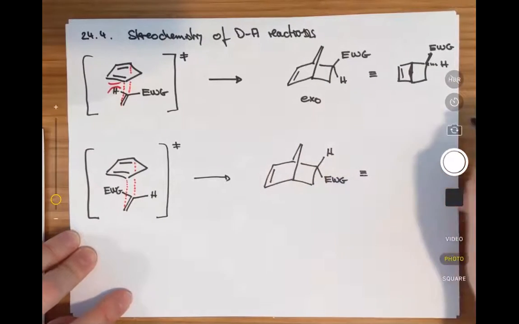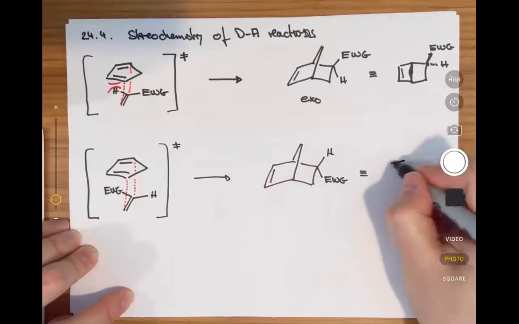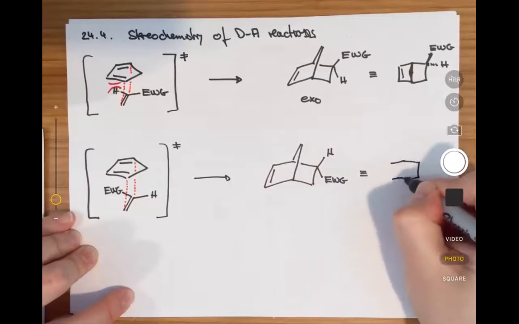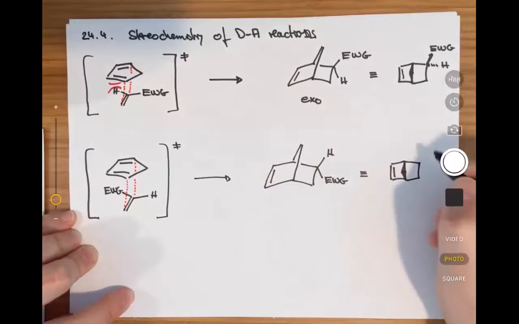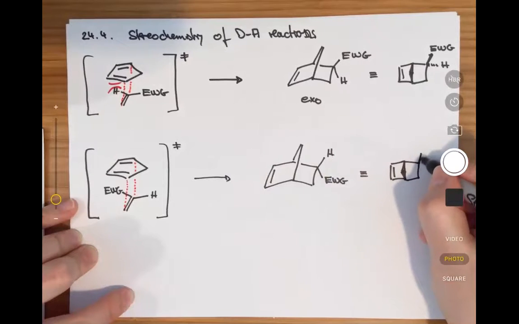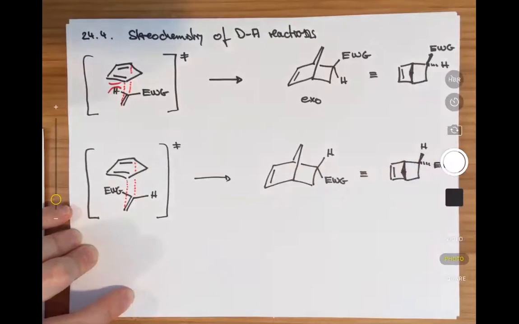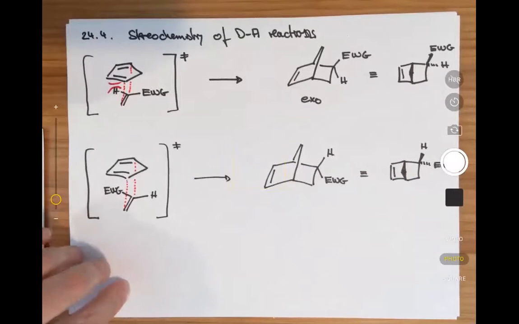So if you looked at this in the planar projection again, the methylene bridge comes out towards you, and then the hydrogen comes out towards you, and the electron withdrawing group points towards the back.